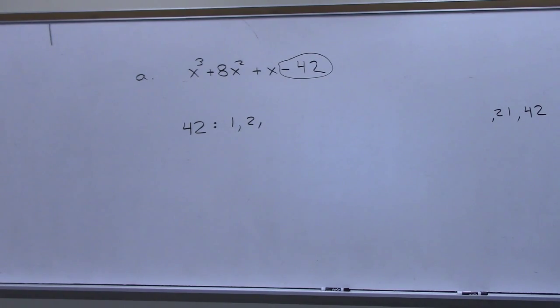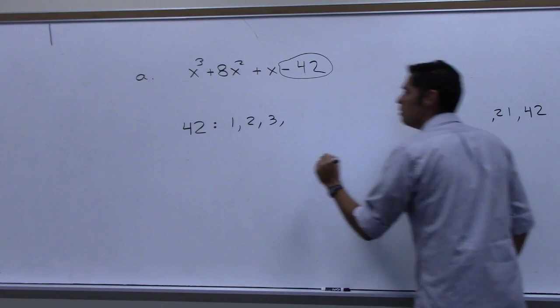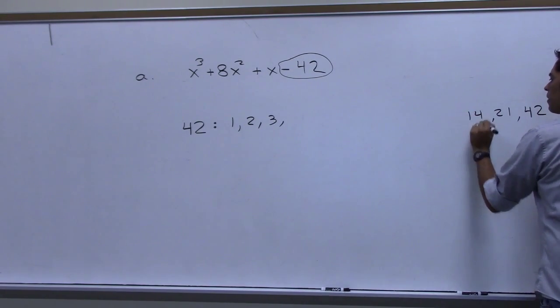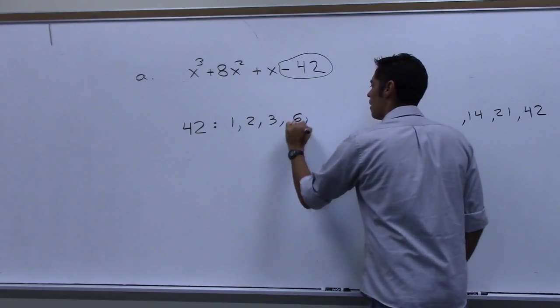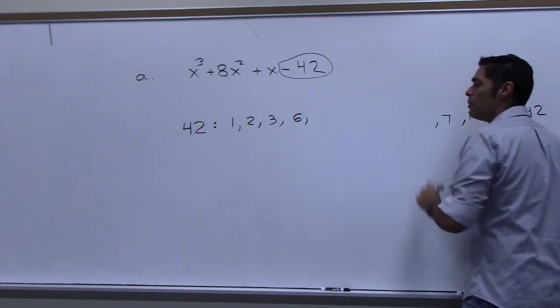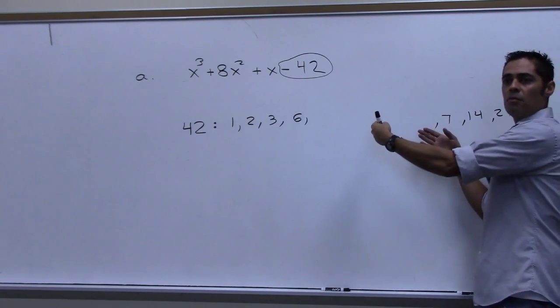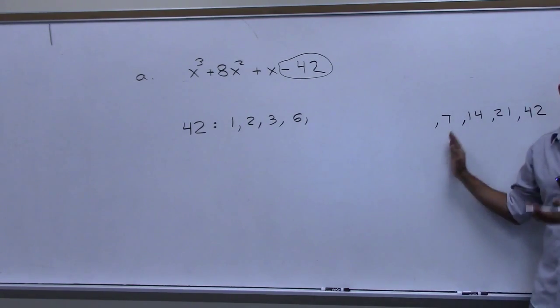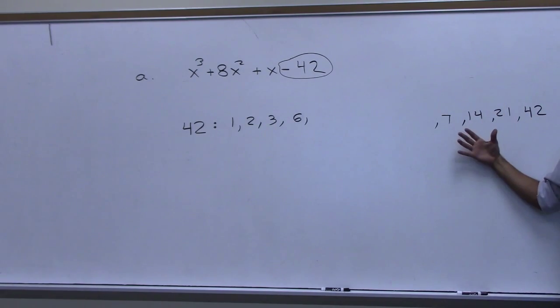Does 3 go into 42? 3 and 14. How about 4? Does 4 go into 42? No. 5? No. 6? 6 and 7. And at that point, I can stop. Why? Because they met in the middle. The next number I go to is 7, and I already know 7 and 6, so that's it. As soon as the list meets in the middle, that's your list.